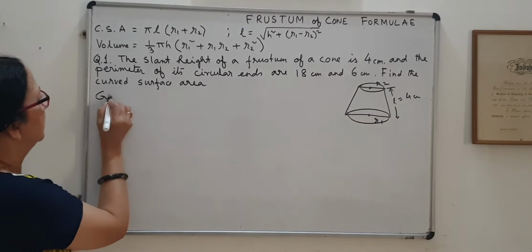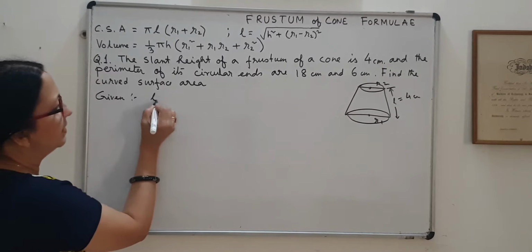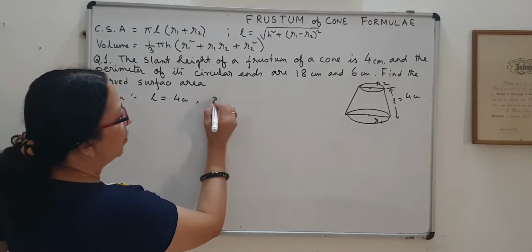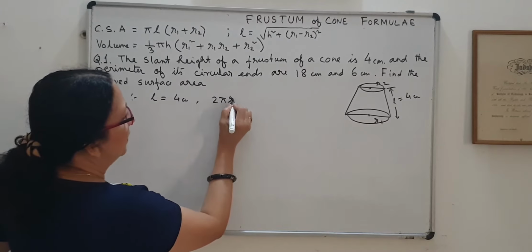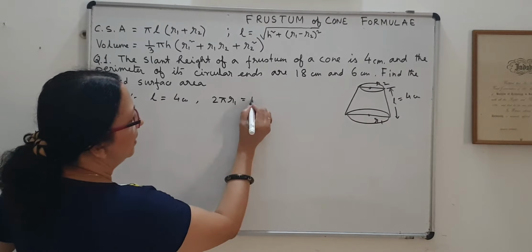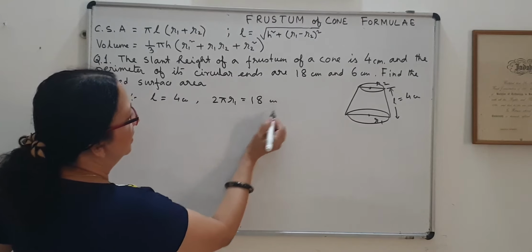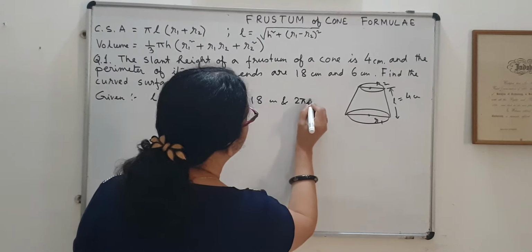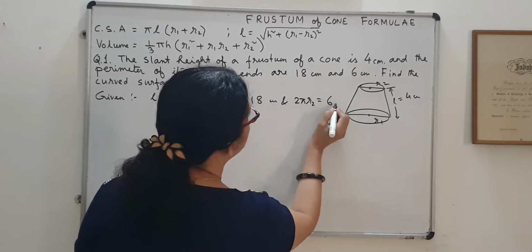Let me write what is given. Slant height L is 4 cm, and perimeter means twice pi r. Twice pi r1 is the bigger one, so I am taking 18 centimeter, and twice pi r2 is given to be 6 centimeter.